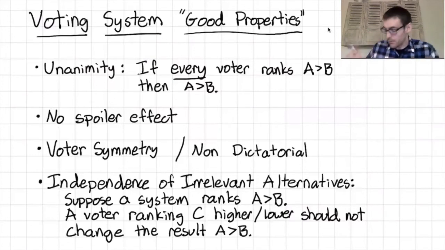The last one that I want to discuss here is called the independence of irrelevant alternatives. So imagine that you're hanging out with a friend and your friend offers you ice cream and says, hey, I have vanilla ice cream and I have chocolate ice cream. Which do you want? And you say, great, cool. Vanilla, I like vanilla ice cream. And then the friend goes back and searches around and says, oh, by the way, I also have strawberry ice cream.